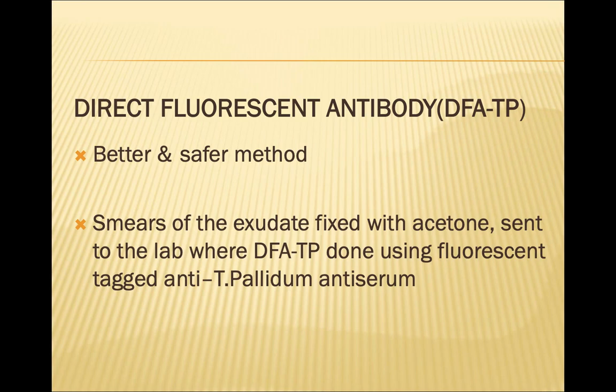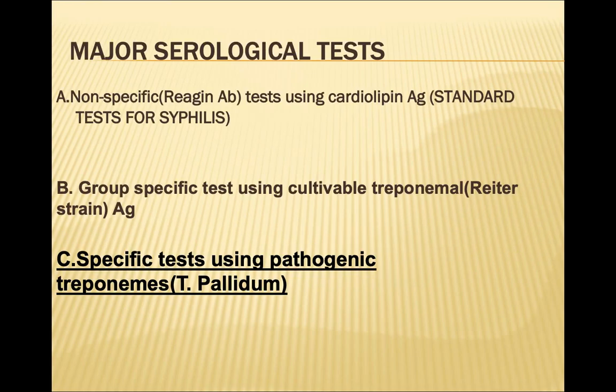Now coming to the serological investigations of syphilis, you have non-specific tests, group-specific tests, and specific tests using pathogenic treponemes. The non-specific test, or the reagin antibody test, which uses the cardiolipin antigen, is called the standard test for syphilis.